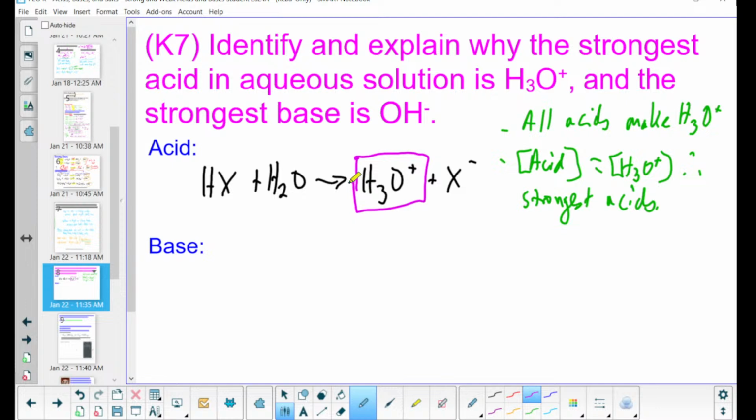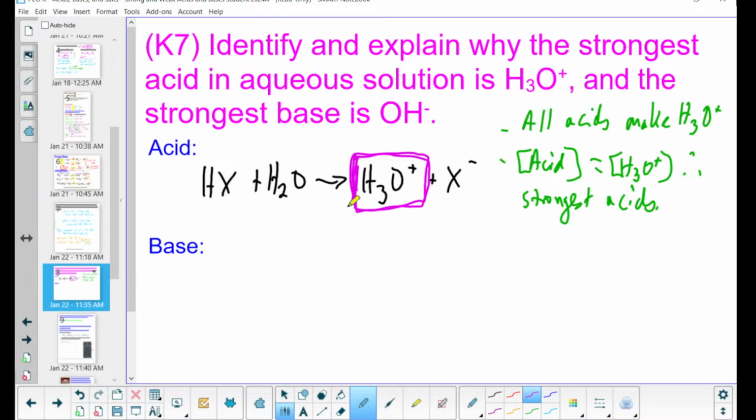The strongest acid that you could ever have in solution would be pure H3O+. It's a bit like saying, why is money worth more than gold or silver or anything else? It's because money is the unit by which we measure it. All those other things are worth money, but money is money. All acids generate H3O+, so H3O+ is the strongest acid.